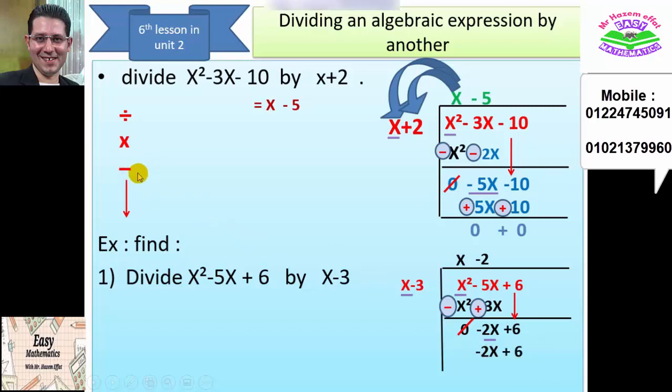And by doing the third step, change both signs, and adding them finally equals 0. Now the result is x minus 2. Dividing this algebraic expression by that one equals x minus 2.